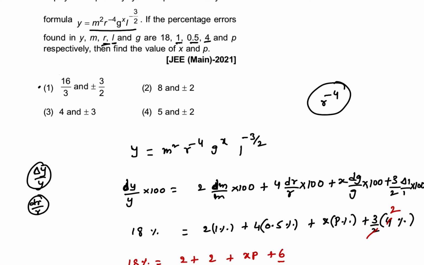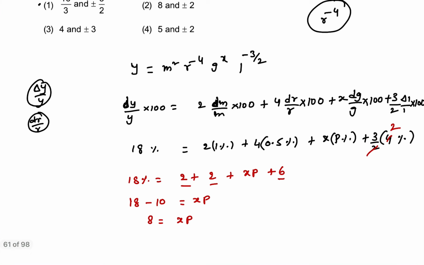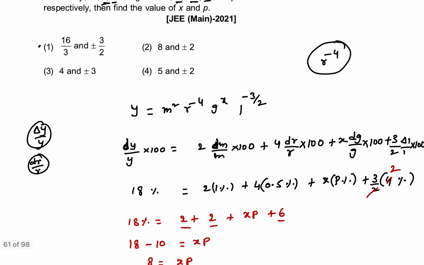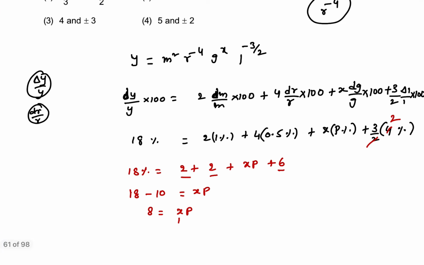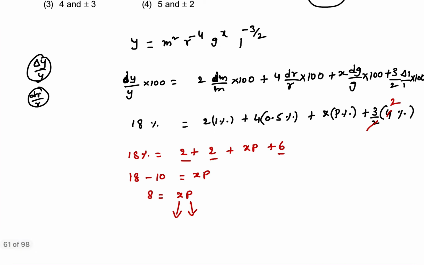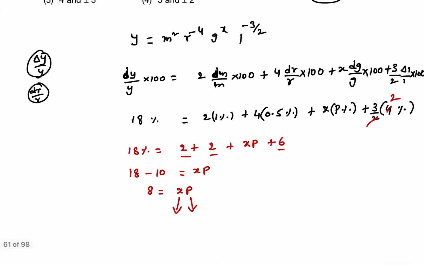According to the question, they are asking for the value of x as well as p. So if you multiply the x and p values, you have to get 8. Suppose you check the options.